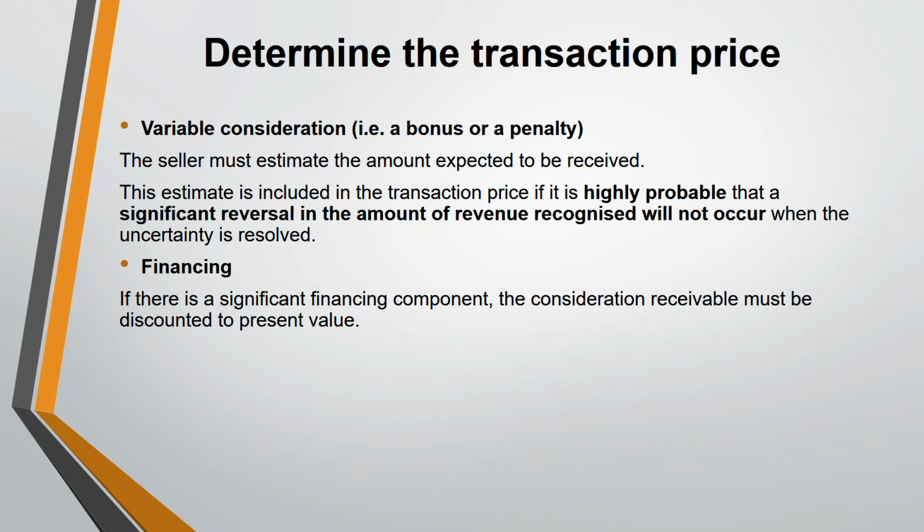You have received something in advance. So that is a consideration receivable. That should be accounted as a consideration receivable and must be discounted to present value. You have to discount it to the present value if there's a significant financing component, otherwise no need.